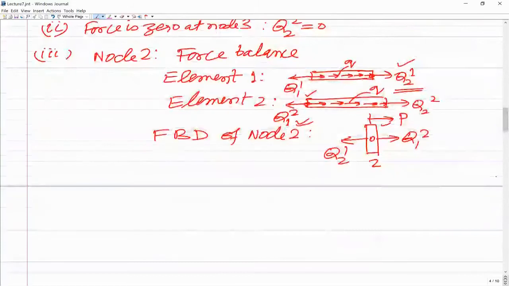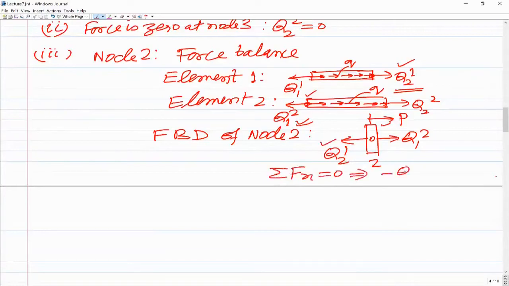Now if we write the equilibrium equation, the sum of these forces has to be equal to 0. This force is in the negative x direction, so summation of forces along x direction equal to 0 gives minus q21 plus q12 plus P equal to 0.